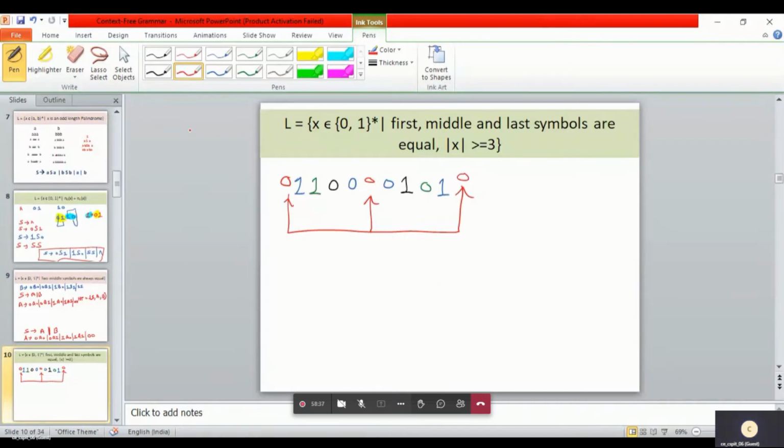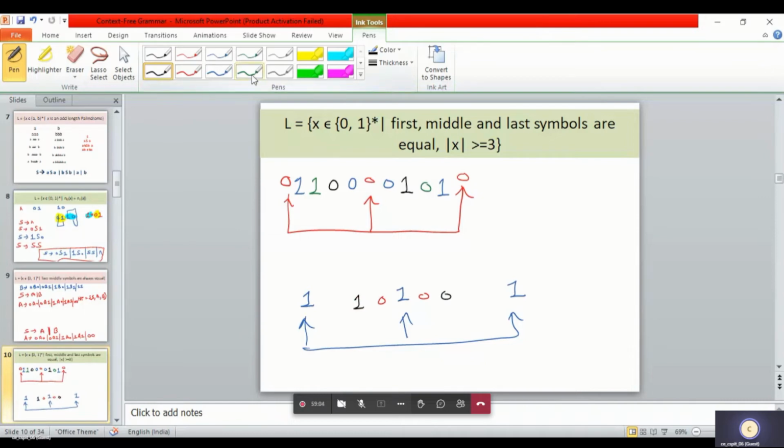Similarly, I can write for 1. We have the first symbol can be 1, the middle symbol is 1, the last symbol is also 1. And here there is no restriction, so I can put 0, 0. I can put 1, 0.